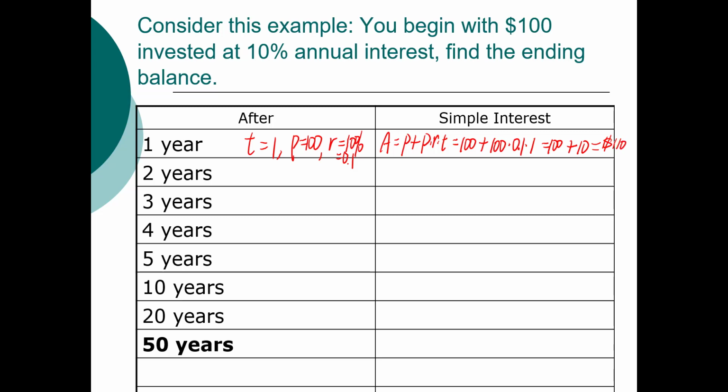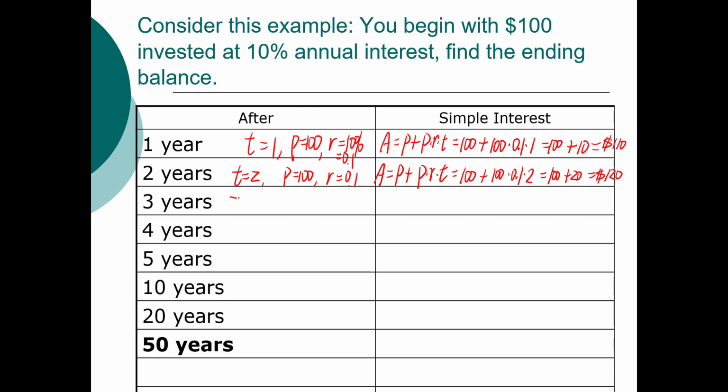For 2 years, that means T equals 2. Principal is the same, 100, and the rate is the same, 0.1. So the ending balance A equals P plus P times R times T. That will be 100 plus 100 times 0.1 times 2, so that's 100 plus 20, which is $120.